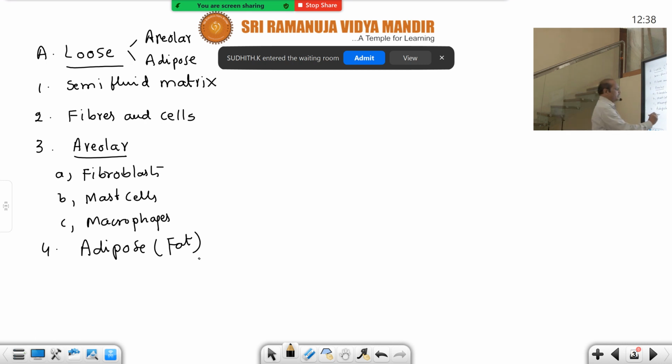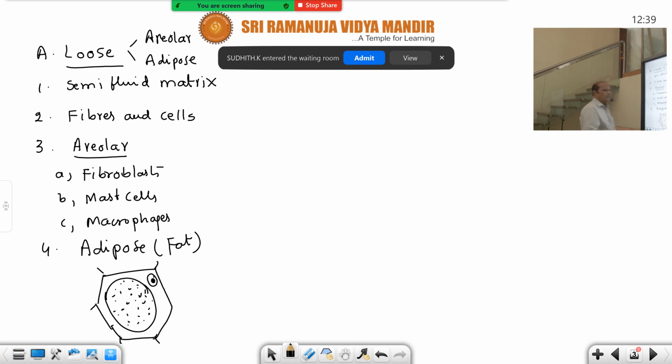Adipocytes are special cells with a hexagonal shape like this, almost like a plant cell, and the nucleus is pushed aside and the entire cell is occupied by this fat droplet, which stores the excess nutrients in the form of fat. Excess nutrients are converted into fat and stored in the adipocytes. That is adipose tissue. Fat storing cells.